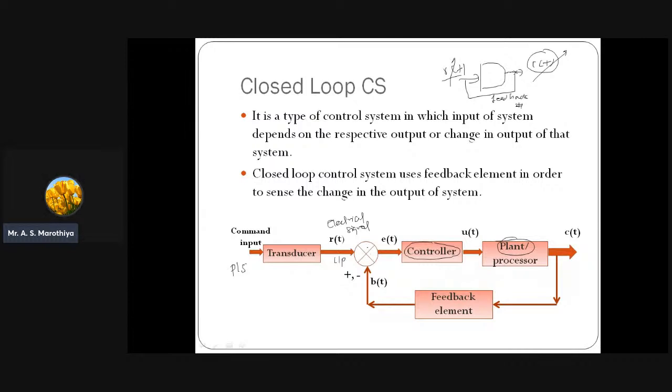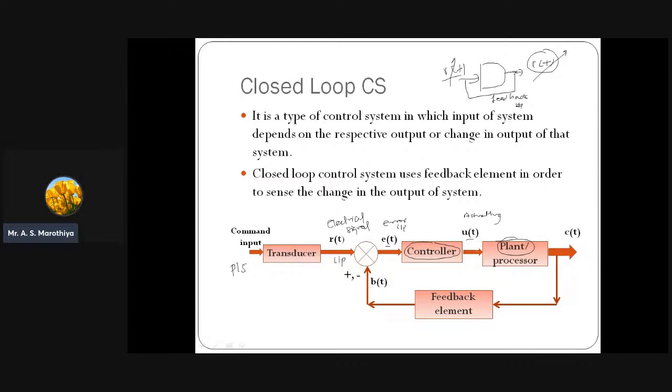Then we have this summing block, and the main objective of the summing block is to generate the error signal. So this E of t indicates the error signal, and this error signal is provided as an input to the controller, and it generates an actuating signal as an output, which is U of t.